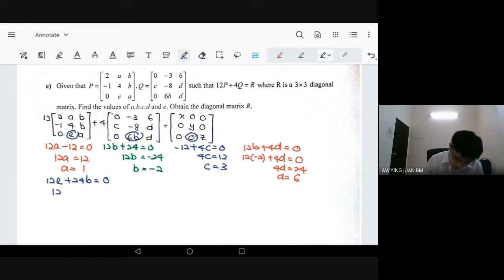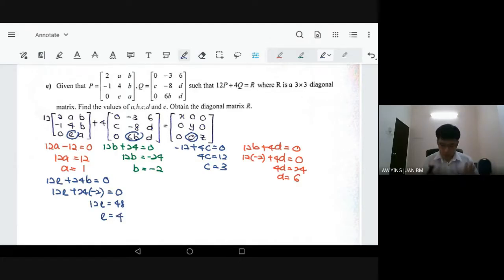So 12E plus with 24 multiplied with the negative 2 equals to 0. So here we have 12E minus 48. So kindly rearrange. 12E, we have minus 48, transfer, we have 48. So E is equals to 48 divided by 12. Then E is equals to 4.